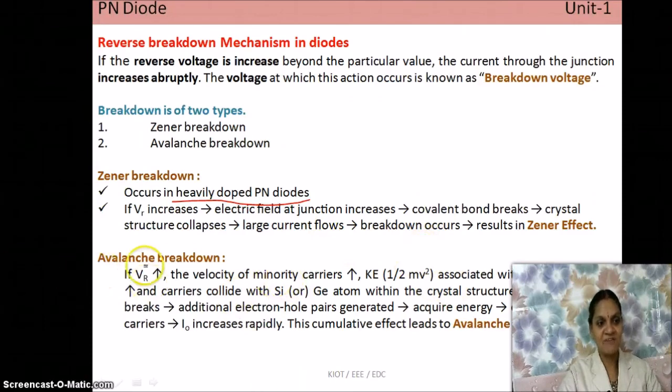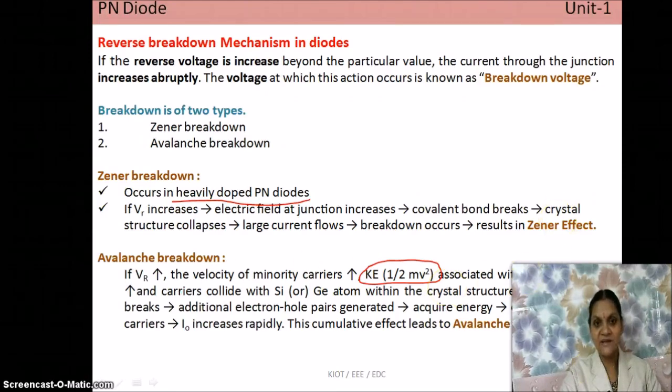And the next one is avalanche breakdown. Avalanche breakdown occurs in the case of lightly doped diodes. It was invented by the scientist Avalanche, hence the name avalanche breakdown. Here, what is happening is, if VR increases, it depends on the kinetic energy associated with the electron. Kinetic energy is half mv squared, you know. If the reverse voltage increases, due to the strength of the reverse voltage, the velocity of the minority charge carriers increases.